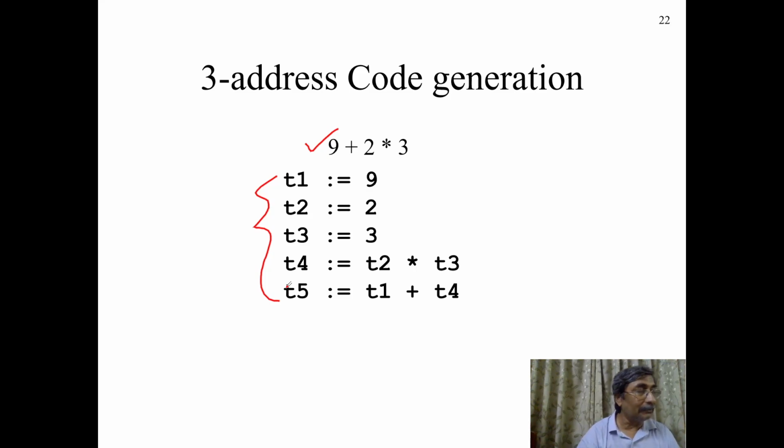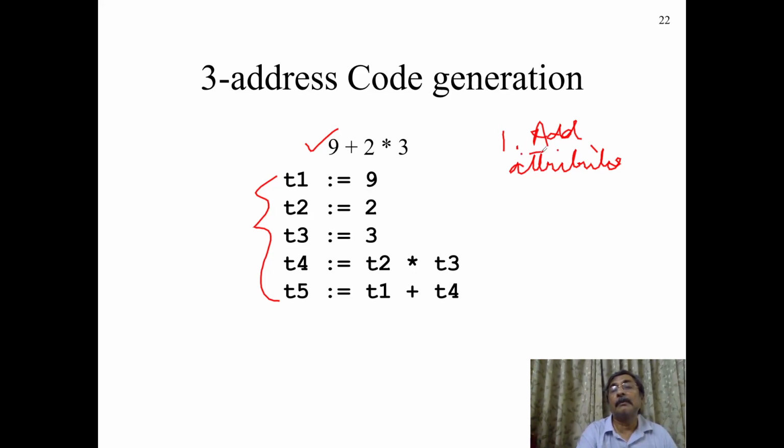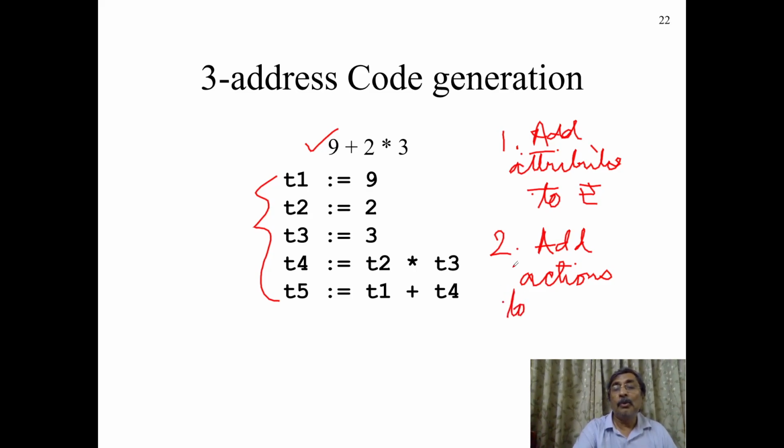So again, what is the technique there? The technique therefore is to associate attributes to E, or the non-terminals, and to add actions to production rules.